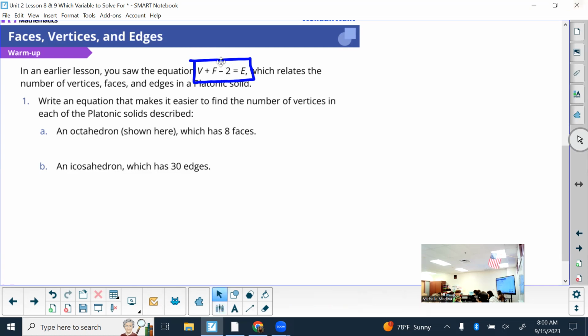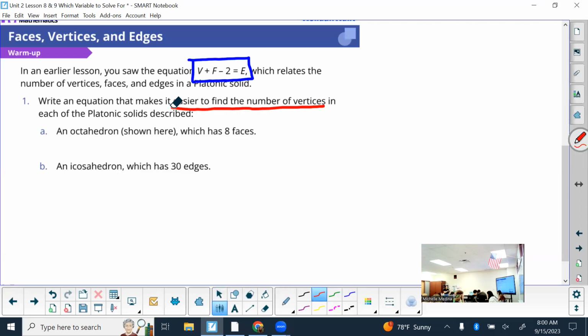I don't know what a platonic solid is, but it doesn't matter. You just need to know this is the equation that represents that. This is what each variable represents: vertices, faces, and edges. What you're going to try now is to write an equation that makes it easier to find the number of vertices.